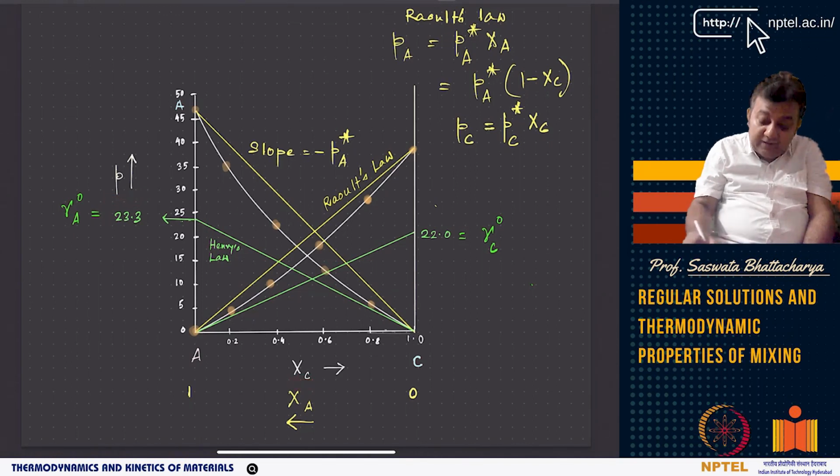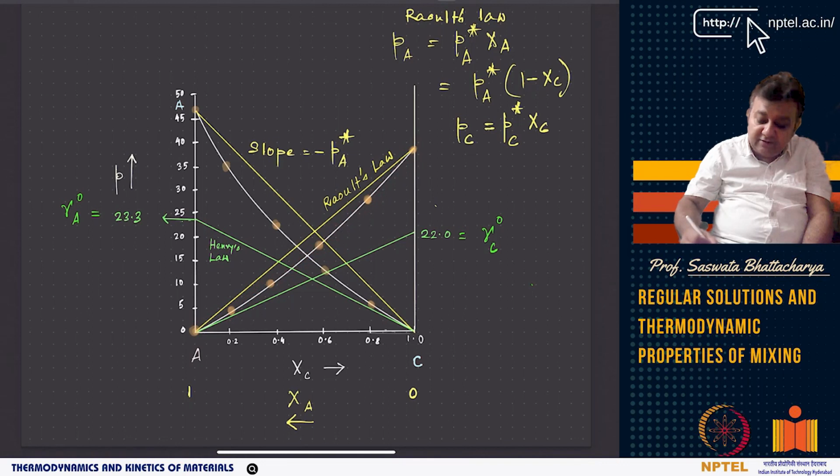If Raoult's law had been followed, then PA should have been PA star XA, and PA star is nothing but the slope, or PC equals PC star XC. So PC star is nothing but the slope, and it would be a straight line, but it is definitely not. If you join these points, it's definitely not a straight line.